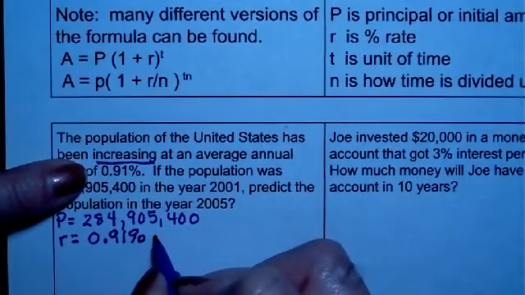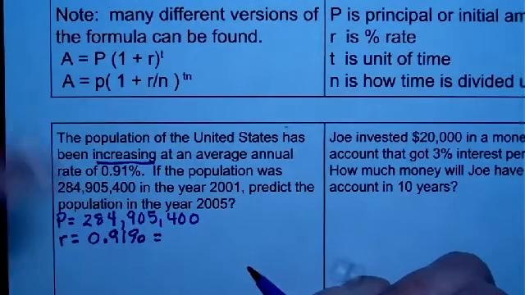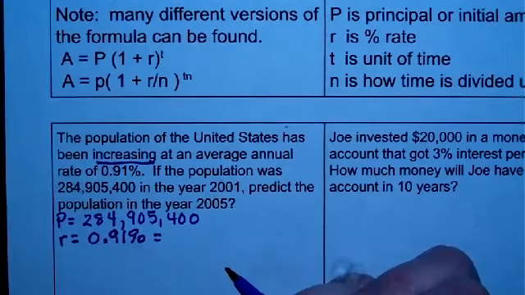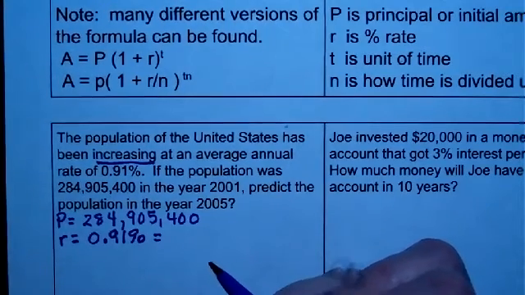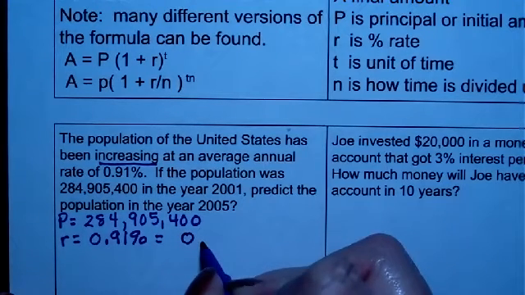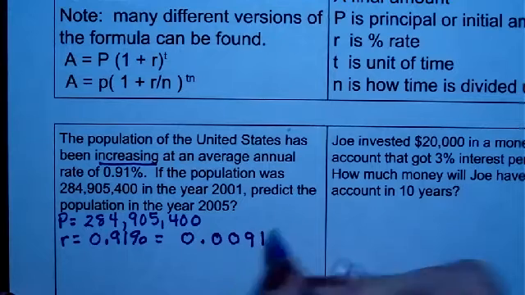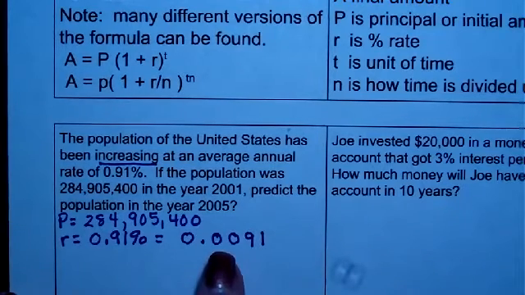But you guys, you got to change that to its decimal equivalent. So you know to get the decimal equivalent, you're going to move your decimal over 2 places. So what that really is 0.0091. Okay, that's the decimal amount I'm going to use, moving my decimal over 2 places.